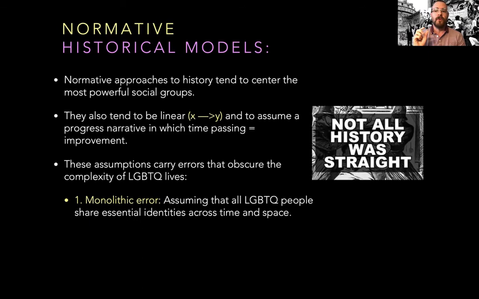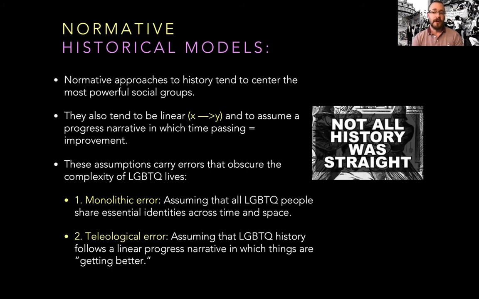And the way that we investigate the past is we go looking for people who look like contemporary versions of those identities, or we go to another culture and assume that queerness there will look like queerness in our culture. So this is a big problem when we start investigating across history or across, say, ethnic or cultural lines, this monolithic error that we assume things are the same.